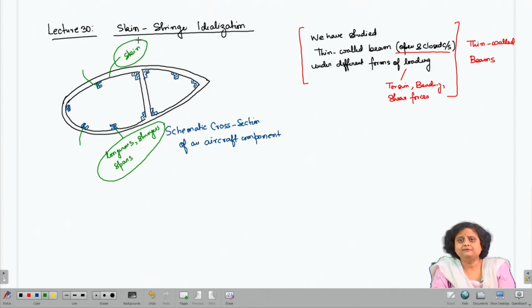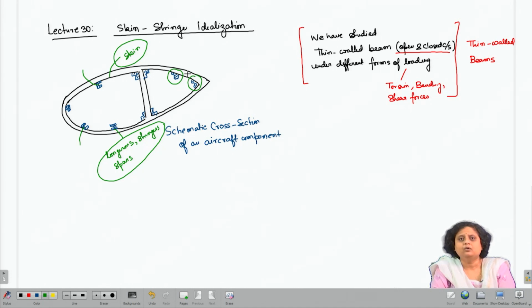Now, as of now, we have individually studied these stringers or these longerons, and we have individually studied skin. But when we take a full scale component, it is an assembly of several such stringers, which could be I shaped, C shaped, box shaped, anything, embedded in a single cell or multi cell aerodynamic profile, an aerofoil kind of shape.